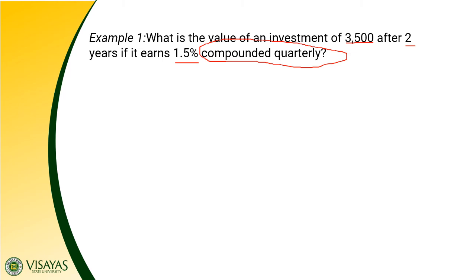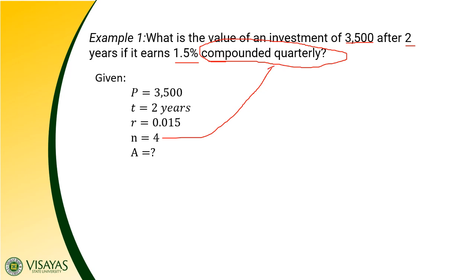So, let's start with the given again. P is 3,500. T is 2 years, R is 0.015, N is 4. Bakit N is 4? It's because compounded quarterly siya, ibig sabihin, in 1 year, there are 4 quarters, that is why 4 yung N natin. Number of times na makukuha ng interest in a year. Then A is the unknown.